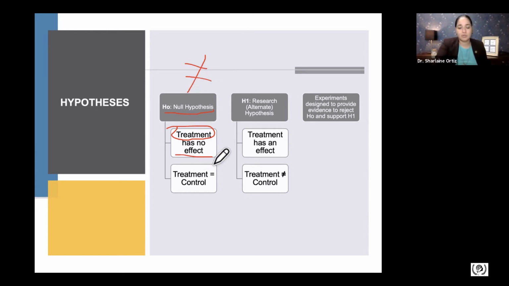Now, generally, when we have a group that we are trying to measure whether or not there were changes, we also want to include a control group. What is a control group? A control group is simply a group that is not exposed to the treatment, that is not exposed to that independent variable.